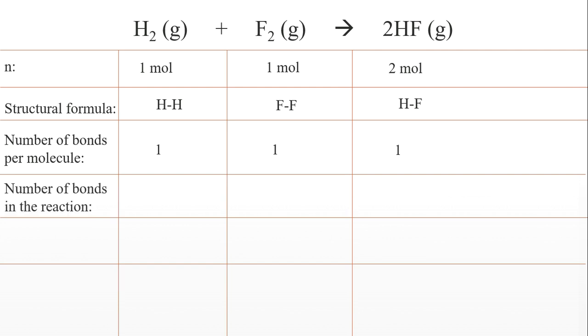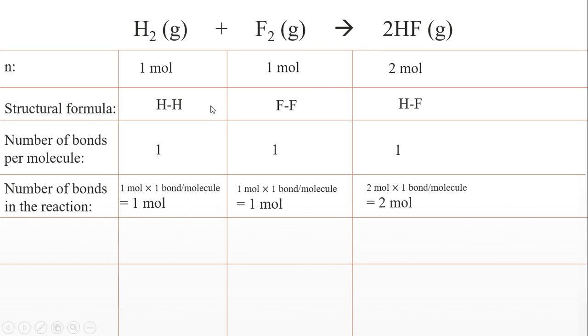Okay, then we can sum up how many bonds we have in the actual chemical reaction. Each molecule contains 1 bond, and we have 1 mole of molecules. So multiplying the number of bonds per molecule by how many molecules we have will give us the total number of bonds in the reaction. And that's what I do here.